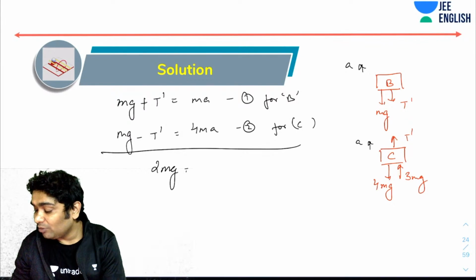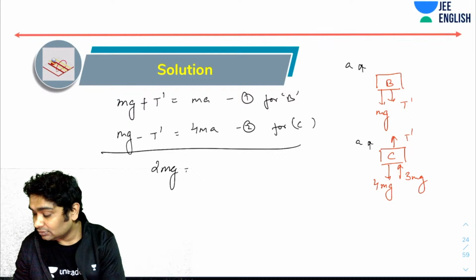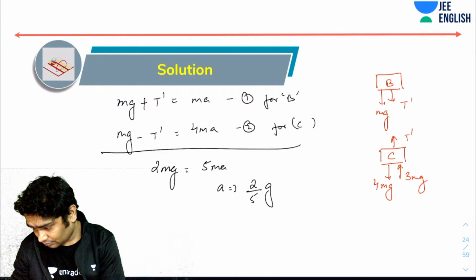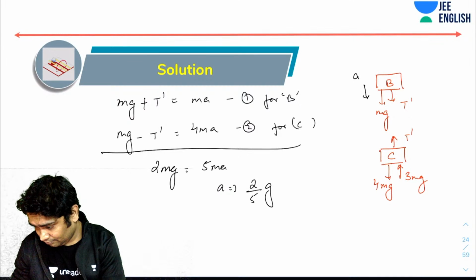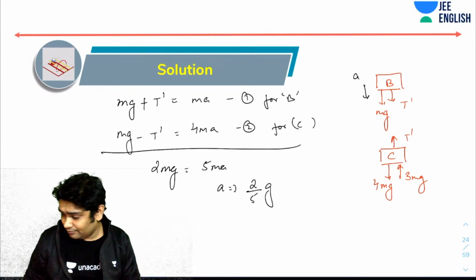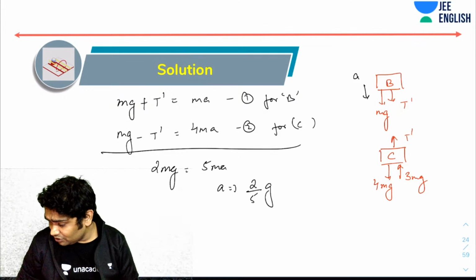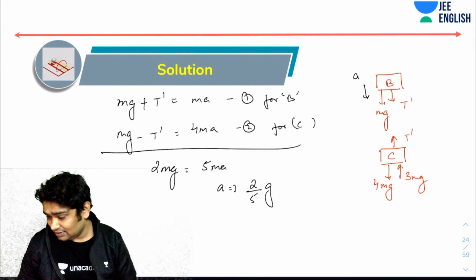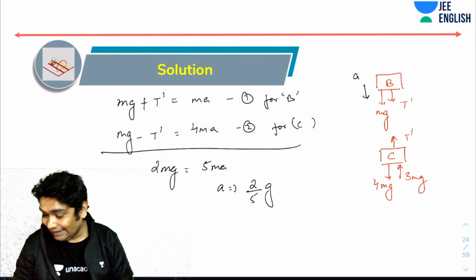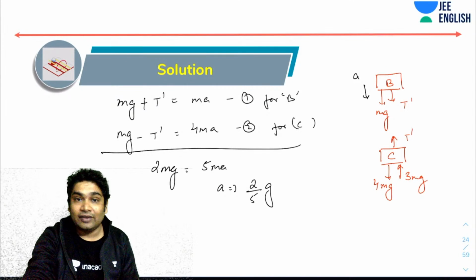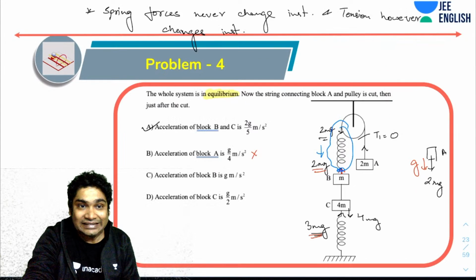Both of them would in fact be moving down with this expression. g over 5 would have been the answer. So A is the correct option, not C, in fact.